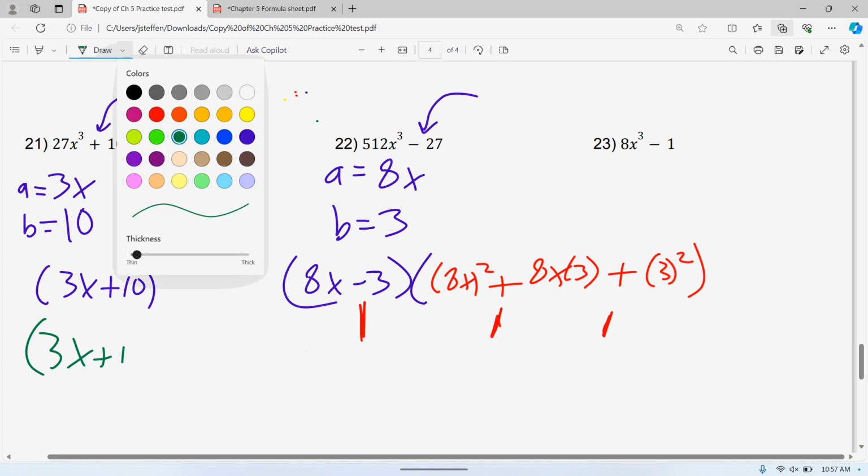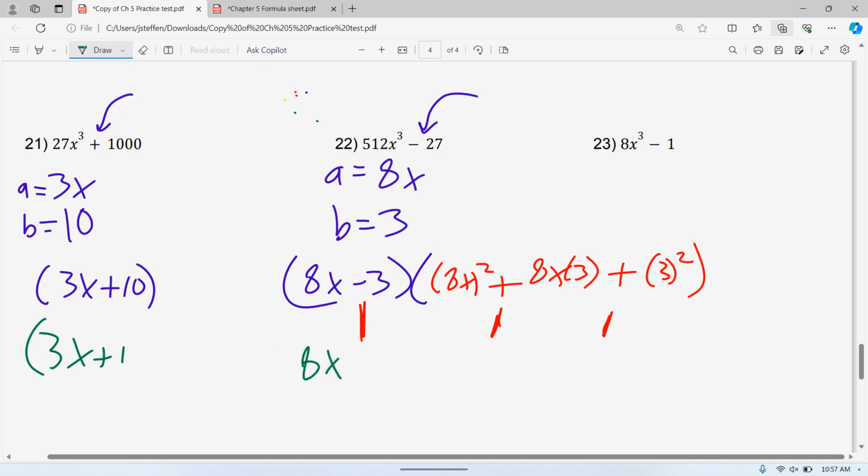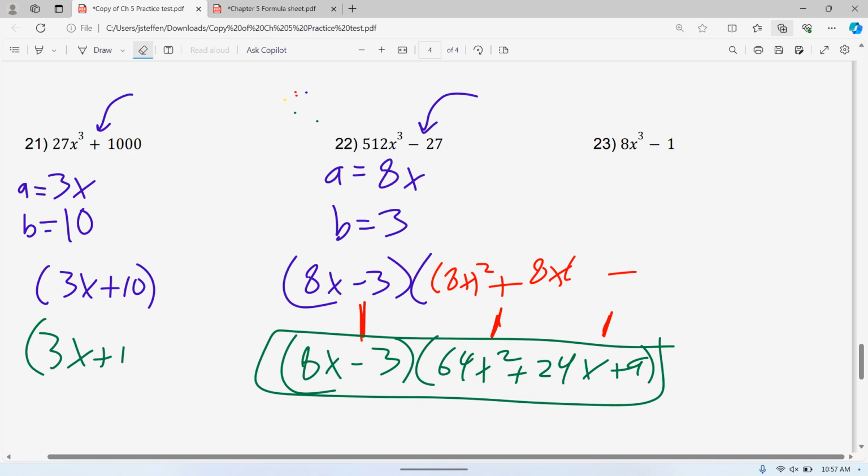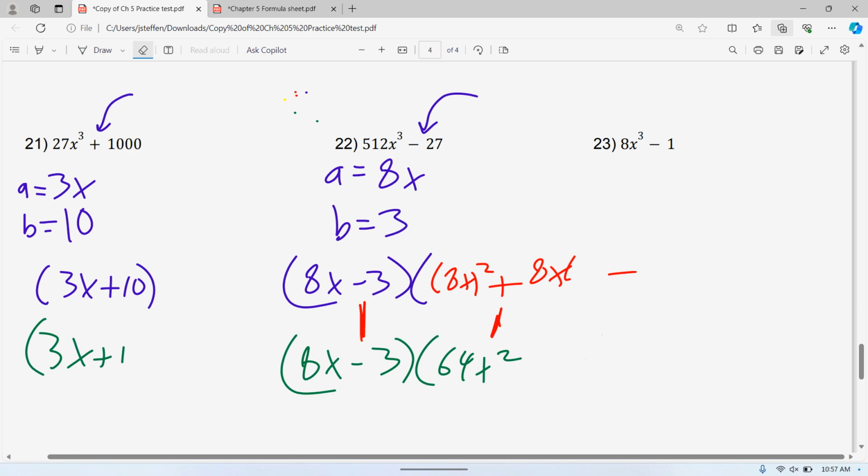Divide this out: 8x minus 3 times 64x squared plus 24x plus 9. Again, going and looking at my A, 1. A lot of people get confused by that. 1 to the third is 1.